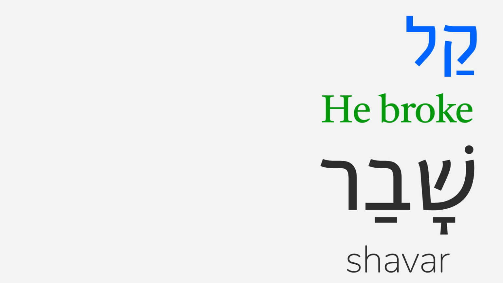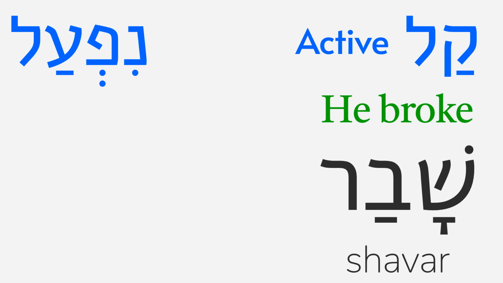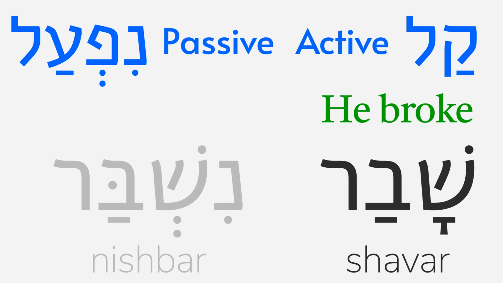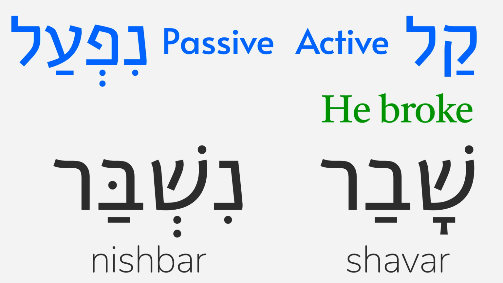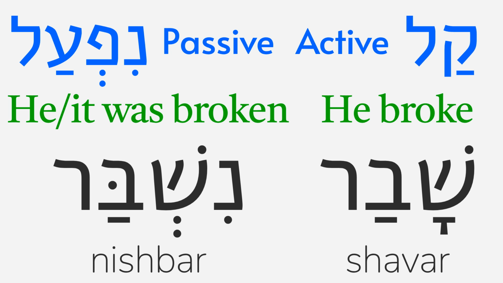Let's say we have the kal verb shavar, he broke, which is an active verb. The he is doing the action. In the nif'al, the passive counterpart of the kal, this root becomes nishbar, which is the passive verb he was broken or it was broken, where the he or it is having the action done to them.